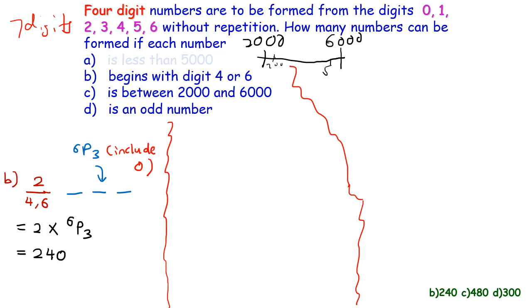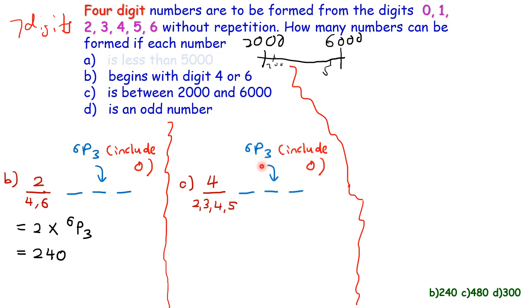In other words, for question C, the first place should be occupied by digit 2, 3, 4, or 5, because it starts from 2 until before 6, and just before 6 would be 5. So this is the number that will occupy the first place. From 4 digits we choose 1.